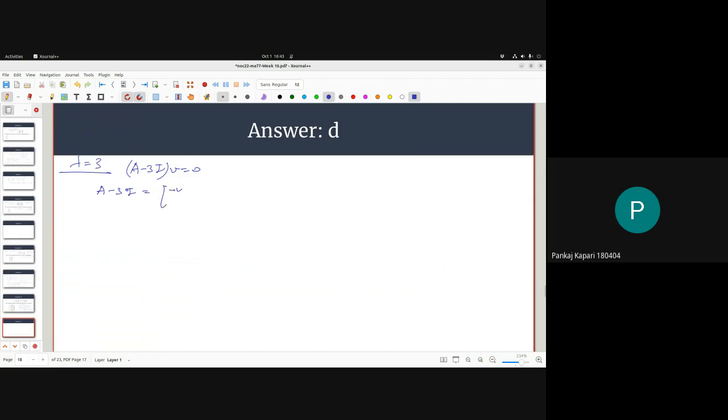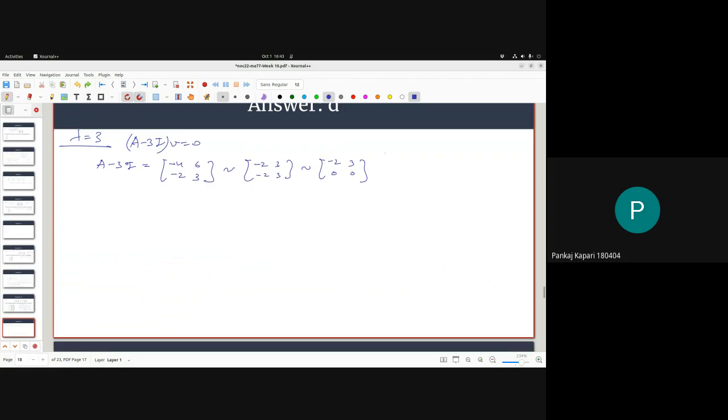This matrix is minus 4, 6, minus 2, 3. Now, if you divide the first row by 2, this is minus 2, 3, minus 2, 3. Subtract the first row from the second row, and you will have minus 2, 3 and 0, 0. That means the first column is a pivot and there is one free variable, and because there is one free variable, the dimension of this eigenspace is 1.